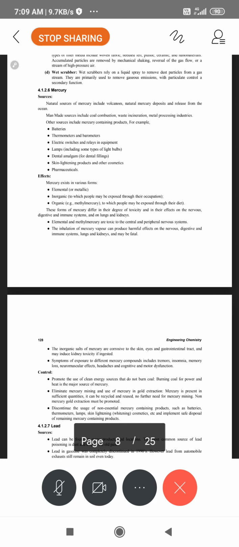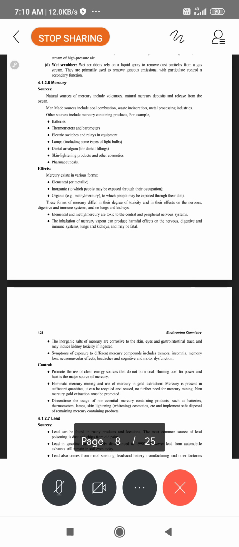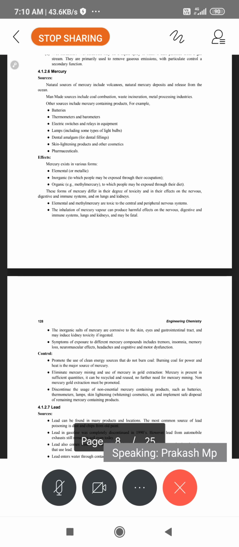Because it is a liquid metal, it can react to form methyl mercury. It enters the nervous system, damaging the digestive system, lungs, and working of kidneys. All this is a total problem when it enters the atmosphere.